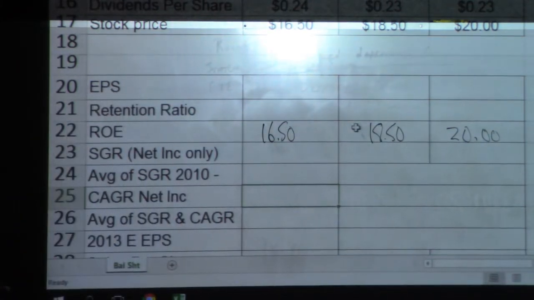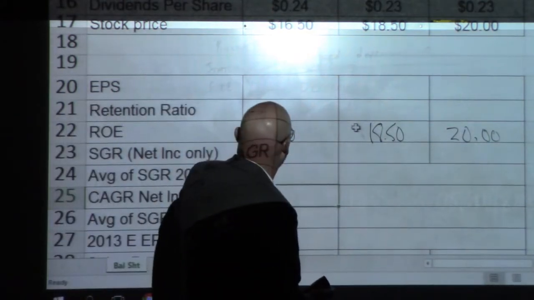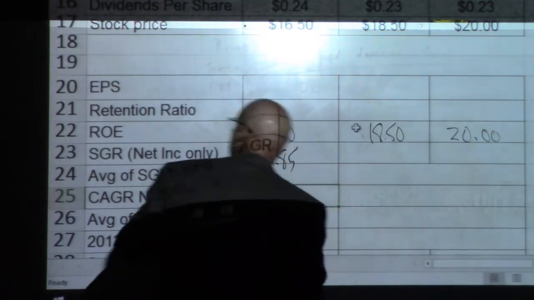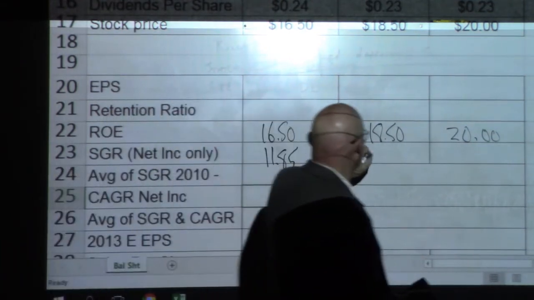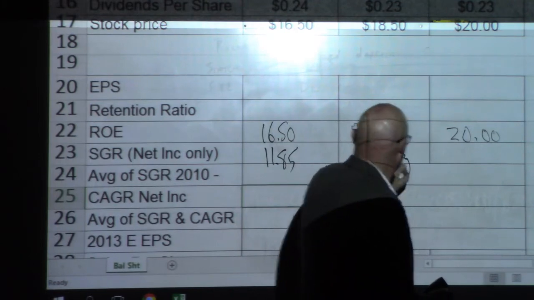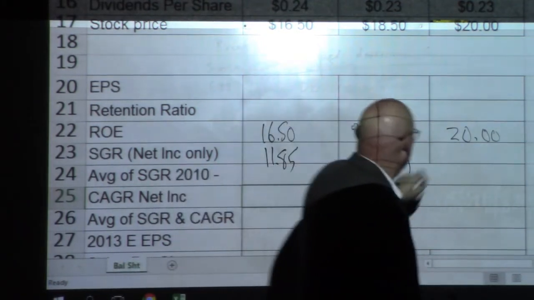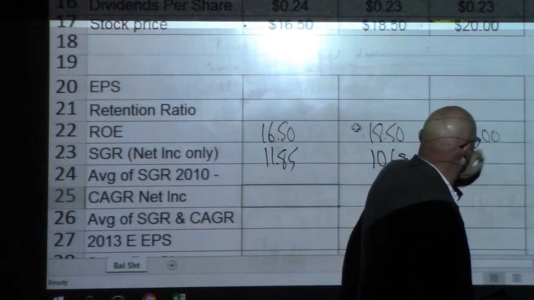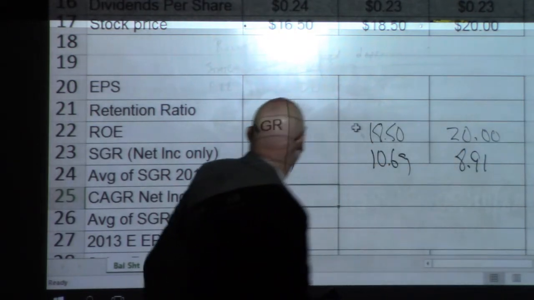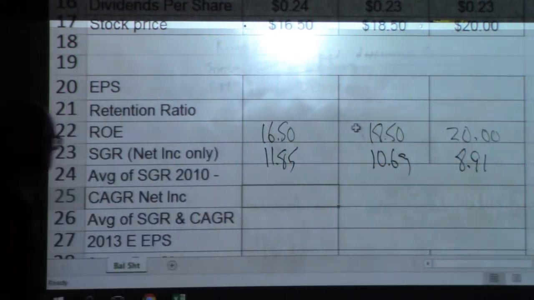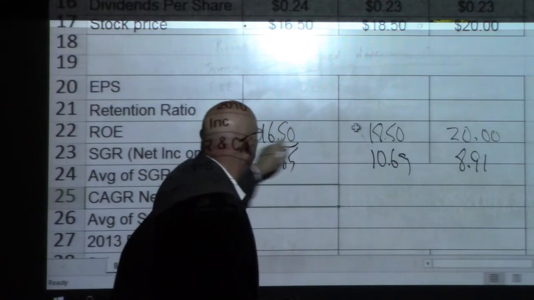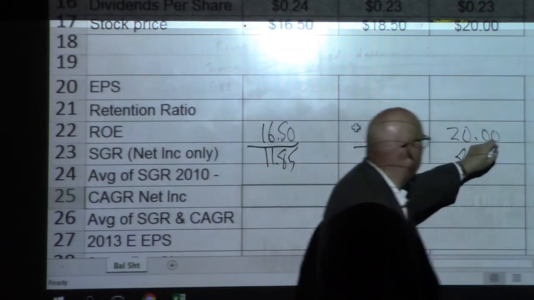And the sales per share, can we write that down? Yes, 11.85, 10.69, and 8.91. Okay? So let's go ahead and draw a line here, a line there, and a line here.